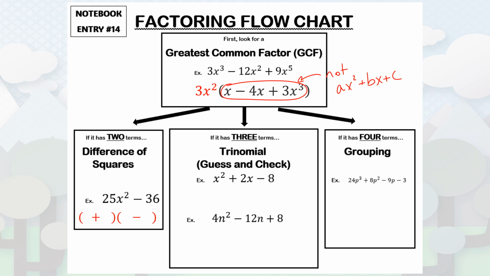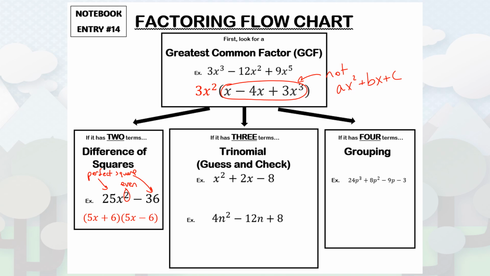So remember, perfect squares, right? So the numbers are perfect squares, and then the exponent is even. So those are all perfect squares. So in this case, my two factors are going to be 5x plus 6 and 5x minus 6, the two binomials that create that expression.